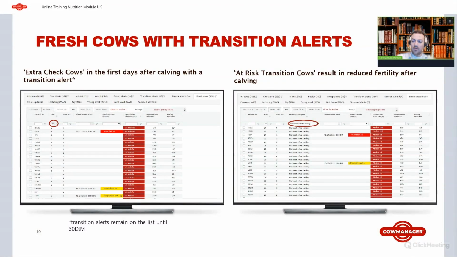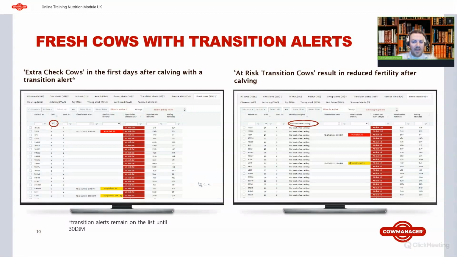Unfortunately, we're not able yet to also include milk production in there, but those results will be the same. And if you look at the data we've already studied, it shows exactly the same thing for milk production. Those with the transition alerts are not only the ones that get sick after calving, not just the ones that have some bad fertility results, but also are disappointing in their milk production.